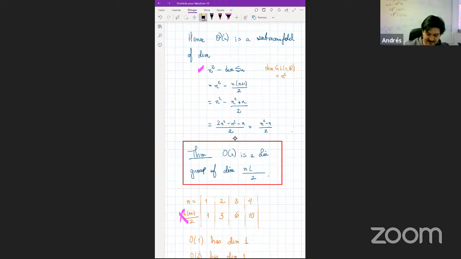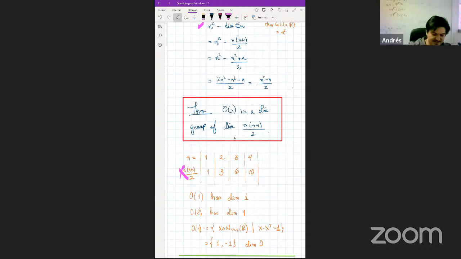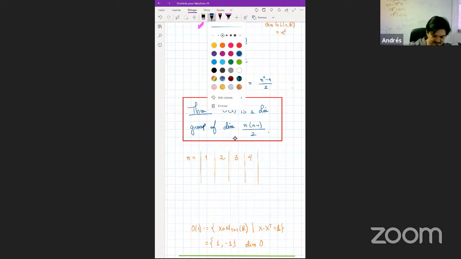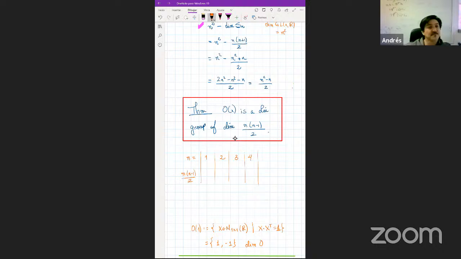Here is a n minus 1. Yeah, so now all of this makes sense. So this is n minus 1 over 2.